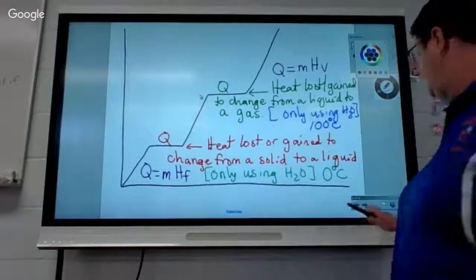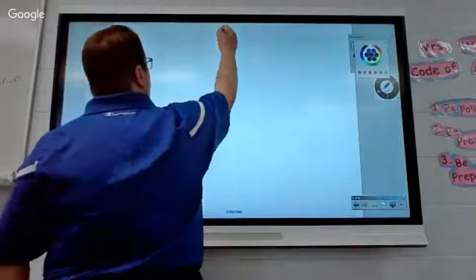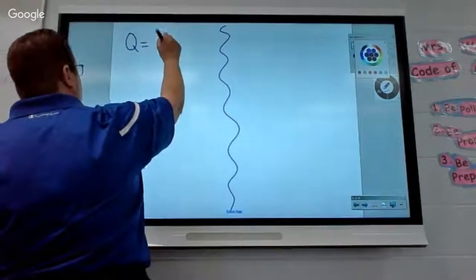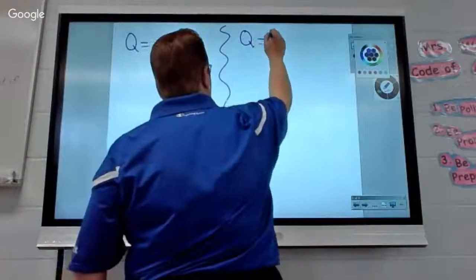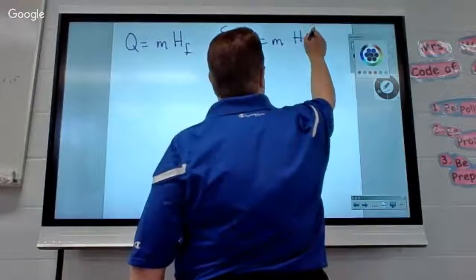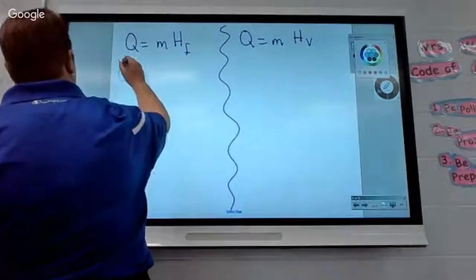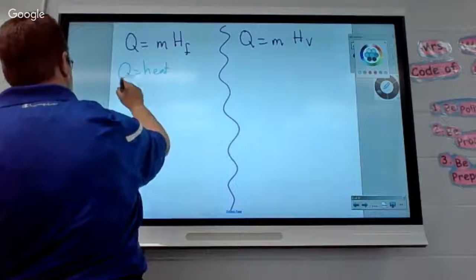All right. So, what do the variables stand for in this equation? Q equals MHF, and Q equals MHV. Q is still heat. M is still mass.